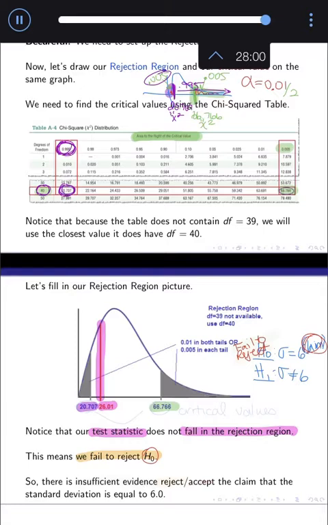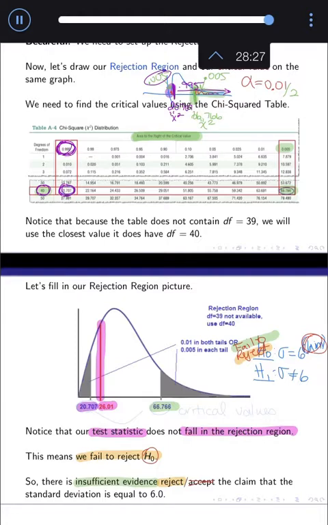Remember, because we are failing to reject, that means that there will be insufficient evidence to do what? Well, in this one, we are failing to reject, so we're going to say that there is insufficient evidence to reject. Just cross out the 'support' because that's not what we're doing here. So there is insufficient evidence to reject the claim that the standard deviation is 6.0.